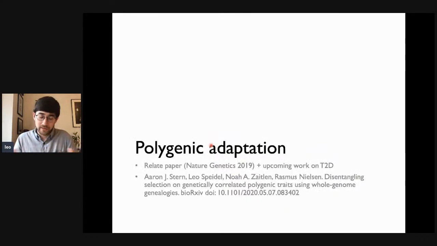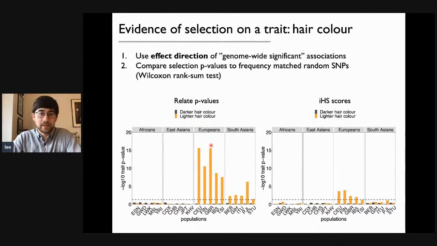Okay, so we've got these methods now to quantify selection on a single mutation, and now we can ask, how can we aggregate that kind of information across multiple mutations to look at selection on polygenic traits? And so in our Relate approach, what we do is we look at mutations that are associated with a trait, and then simply ask whether the selection p-values are smaller compared to some matched SNPs that we chose at random.